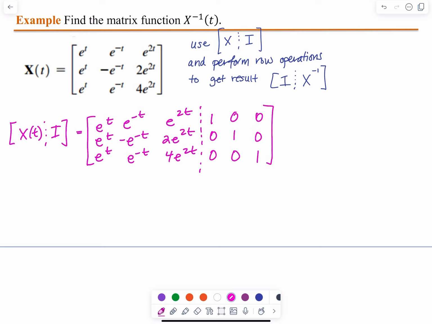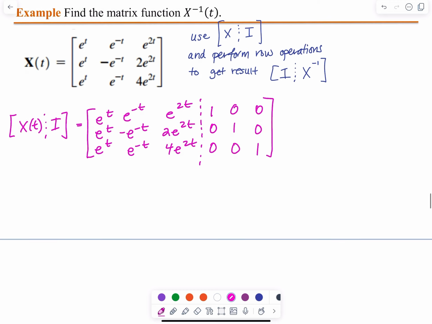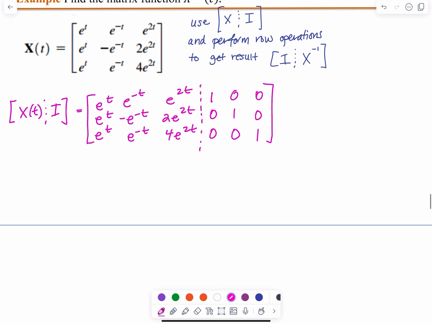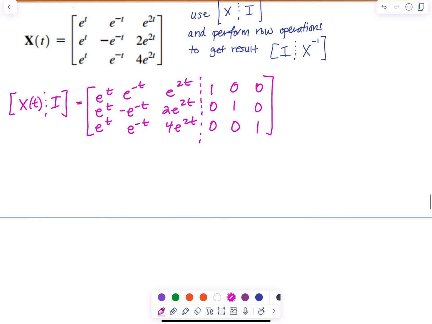Okay, so the first thing we're going to do is try to get our 0 entries in the second row. So we will take row 1 and leave it. Then we will have row 2 minus row 1, and that will be our new row 2.